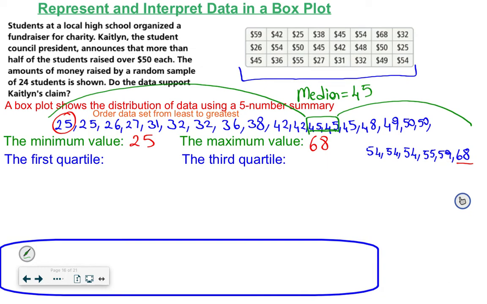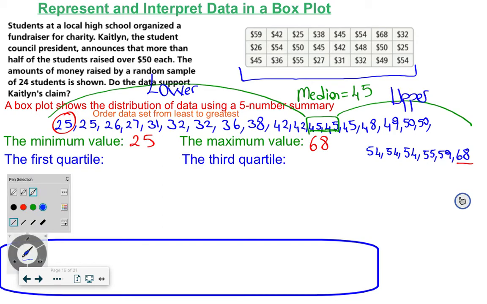After that, to be able to get the first quartile, you need to get the number in the middle of the lower part. Lower part means the left side of the median. So to find the median of the lower part, this is the lower part and this is the upper part.